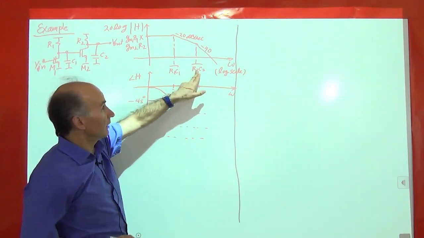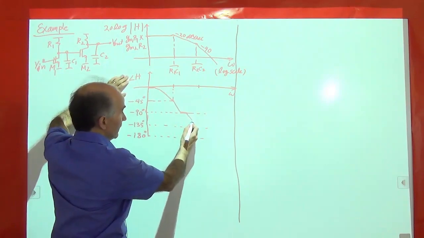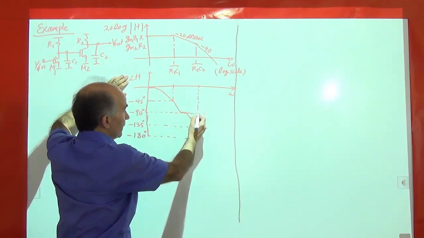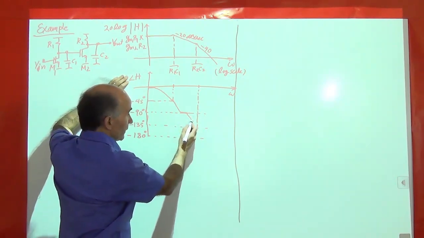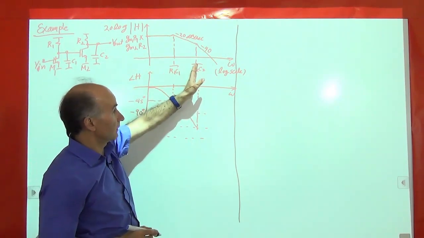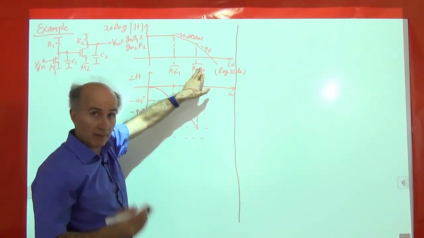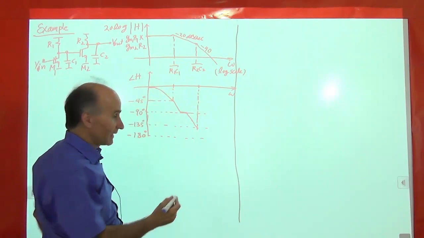At 1/10 of this pole frequency, we begin to feel it, so we begin to change. At this pole frequency, we have another change of 45 degrees, so we reach minus 135. And at 10 times this pole frequency, this one gives us minus 90. We already have minus 90 from this, so we get minus 180.